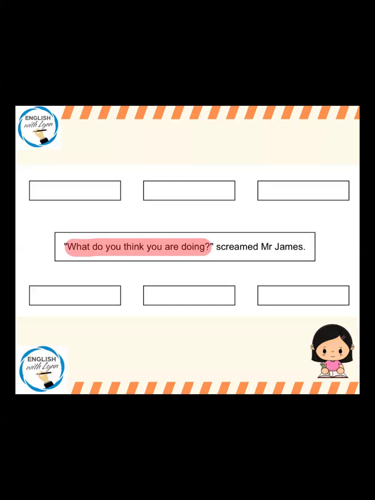And I'm just going to write the word dialogue in the box there, and draw a line so we know which bit we are speaking about. Then I have these bits at the beginning and at the end, and they are inverted commas. So I'm going to make a note of that.